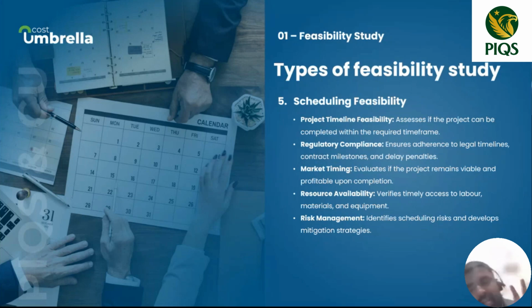Remember, there are several other feasibilities. These are the very high-level, simple and important ones. If you tick all these five with the correct tick, that means you're almost ready to go, right? That doesn't mean these are the only five feasibility studies required for a project.